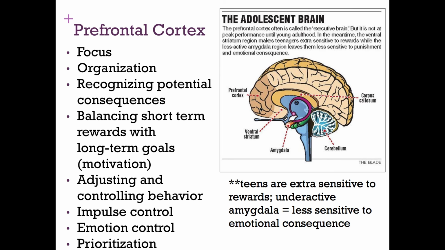It's not fully developed until you're in your mid-20s. You have actually an overactive reward system, which is interesting, and an underactive amygdala, which makes you less sensitive to emotional consequences. That, coupled with an underdeveloped prefrontal cortex, which is in charge of all of these tasks, really makes the teen brain very, very interesting in terms of your thinking.